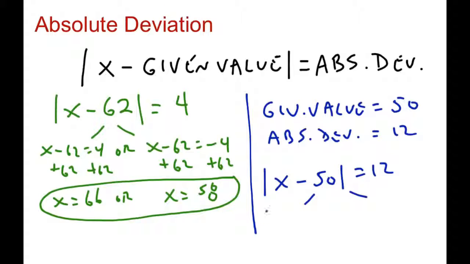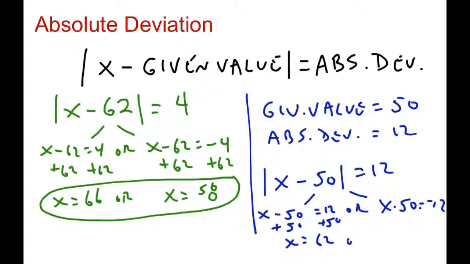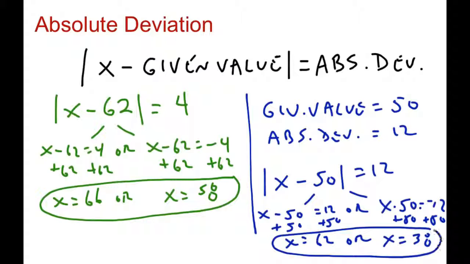Break it up into our two parts. X minus 50 equals 12, or X minus 50 equals negative 12. Solve this guy. Running out of room here. X equals 62, or add 50 on this side. X equals, what's that, 38? And then that would be my solution.